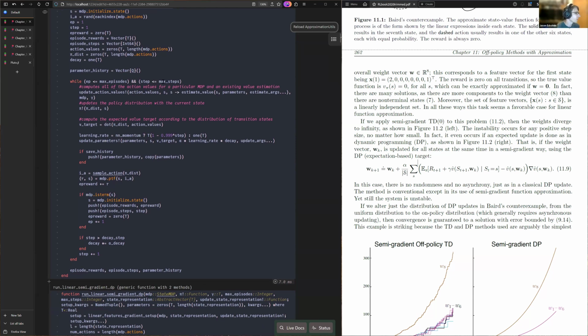So here I'm going through some number of steps or episodes, and at this point, I'm going to use the actual environment to take an action. I'm going to sample an action from the distribution, and then I'm going to sample the reward and the next state from the environment.